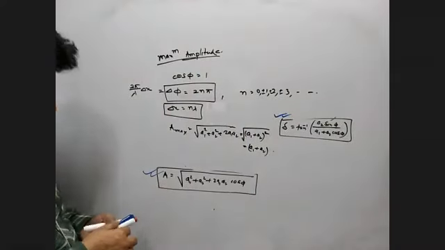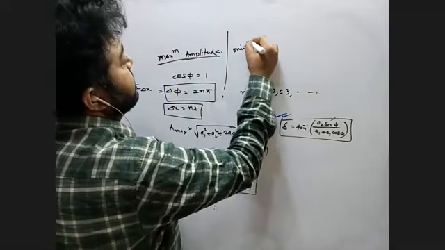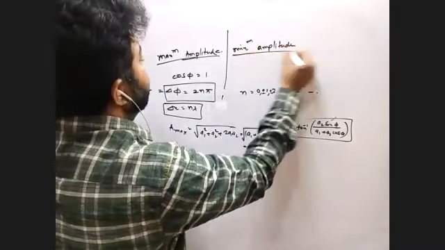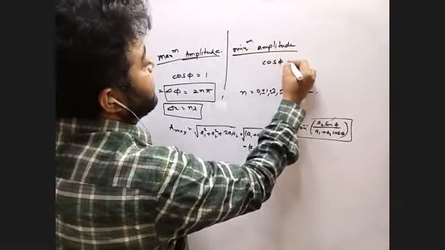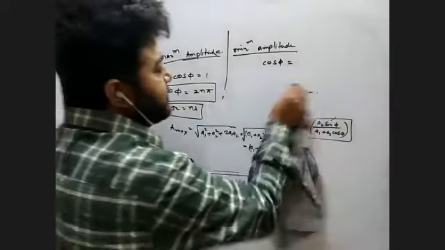Similarly, for minimum amplitude, cos phi is how much? Any idea? Cos phi is how much for minimum amplitude?